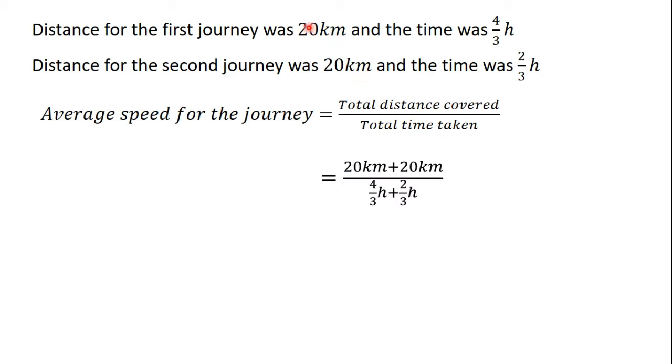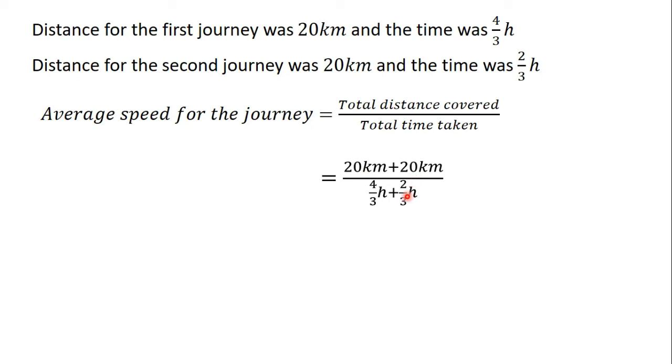The total distance covered will be the distance for the first part of the journey, which was 20 kilometers, plus distance for the second part of the journey, which was 20 kilometers, divided by time for the first part of the journey, which was 4 divided by 3 hours, plus time for the second part of the journey, which was 2 divided by 3 hours.